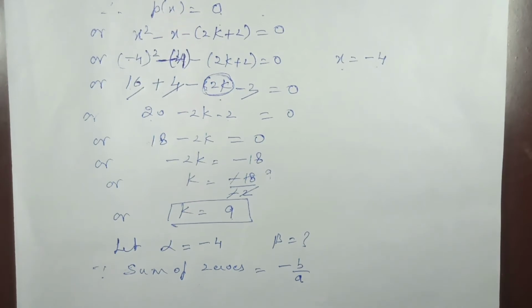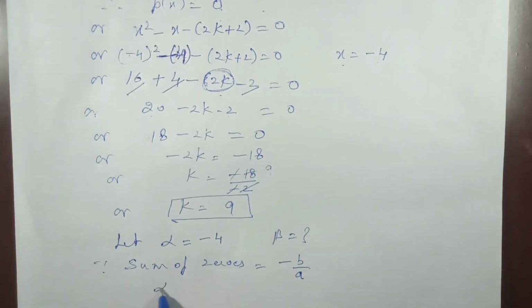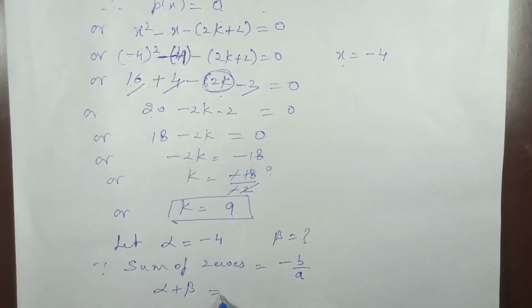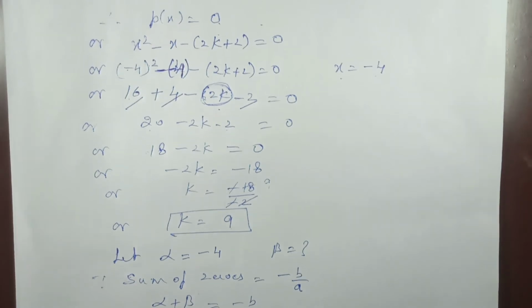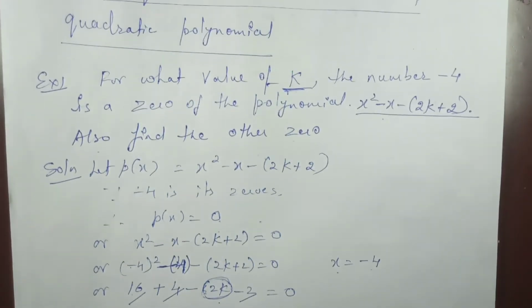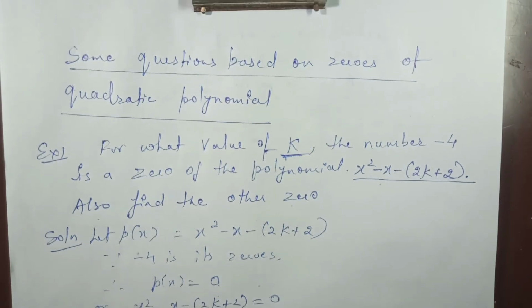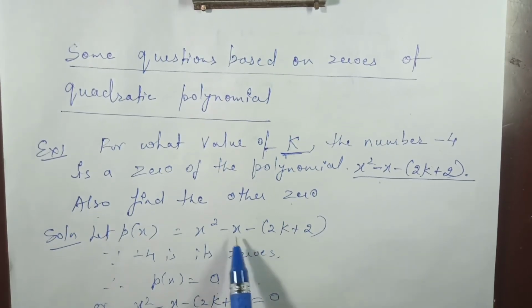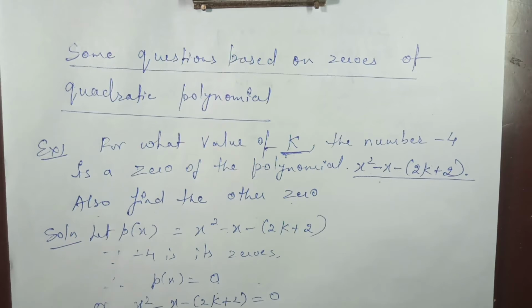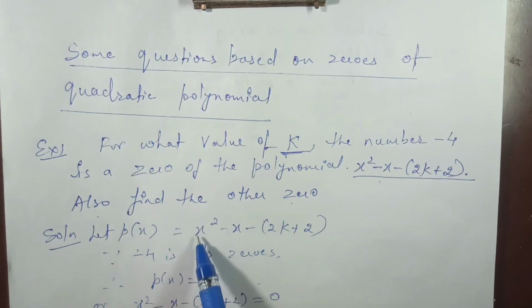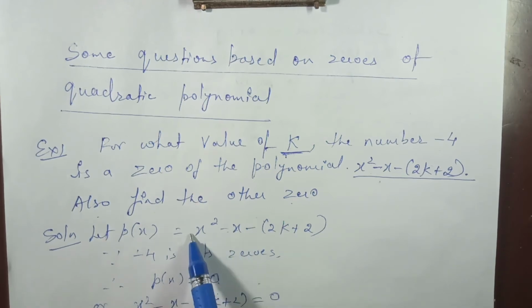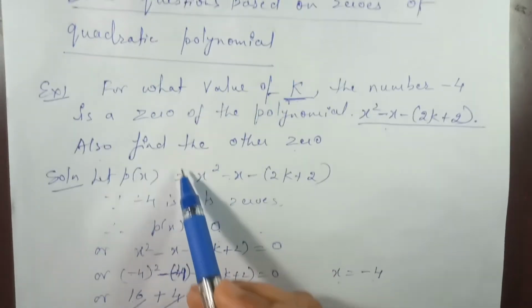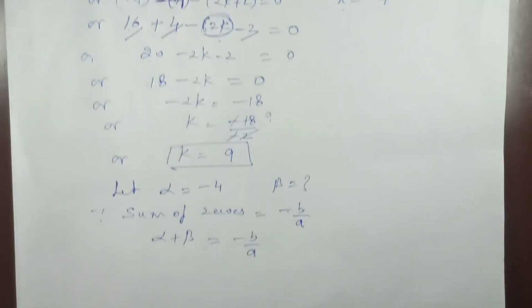Sum of zeros means alpha plus beta is equal to minus b by a. Now on the basis of the quadratic polynomial, what is the value of b? The coefficient of x. It means b is equal to minus 1. What is the value of a? The coefficient of x square. So in place of b we will take minus 1, and in place of a we will take plus 1. By putting these we can get the value.